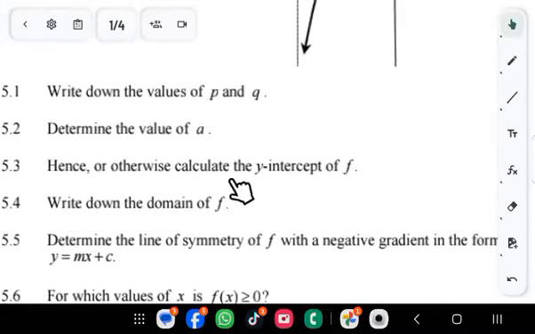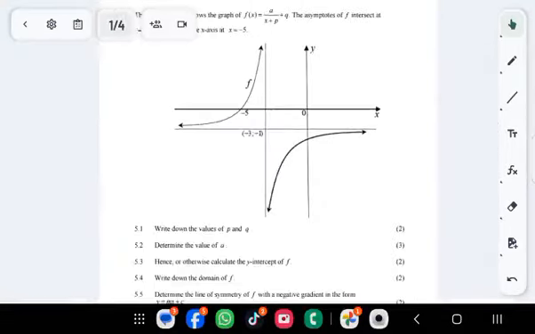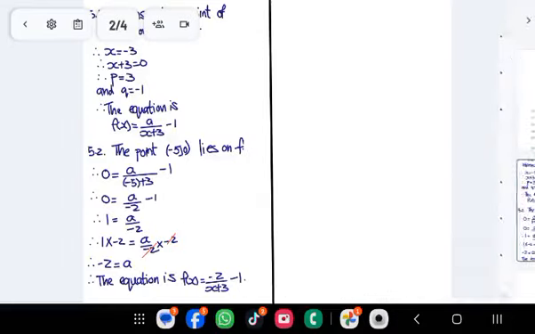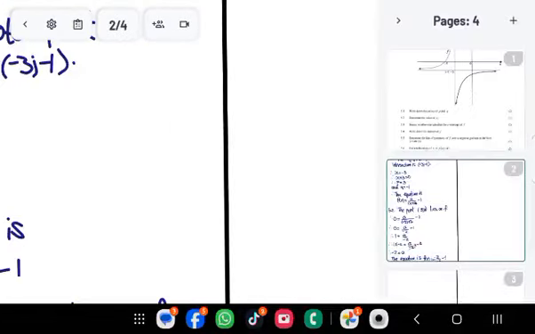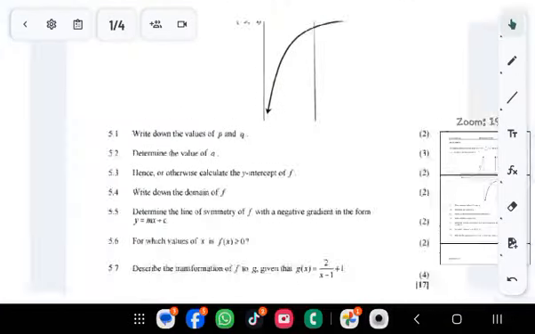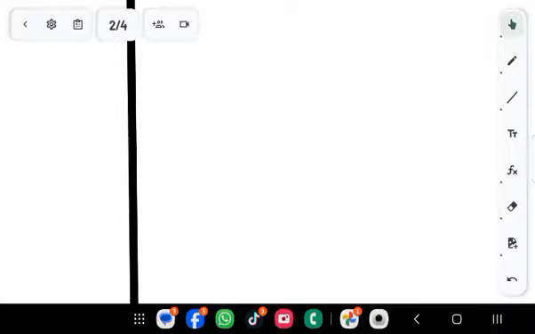5.3: hence or otherwise calculate the y-intercept of f. Now that we know what the equation is, we can simply calculate the y-intercept of f.